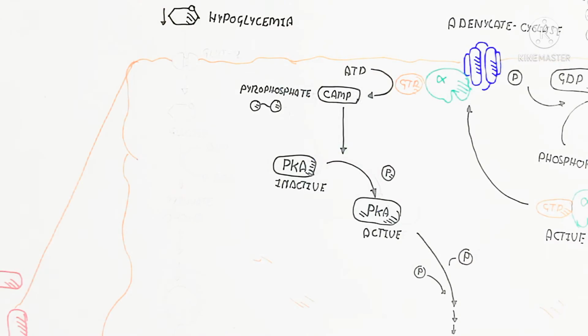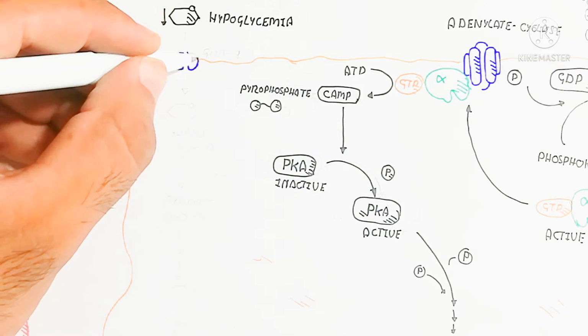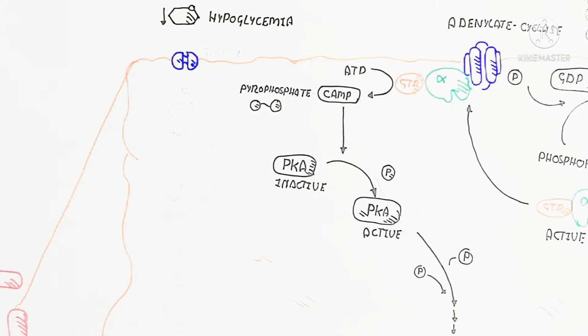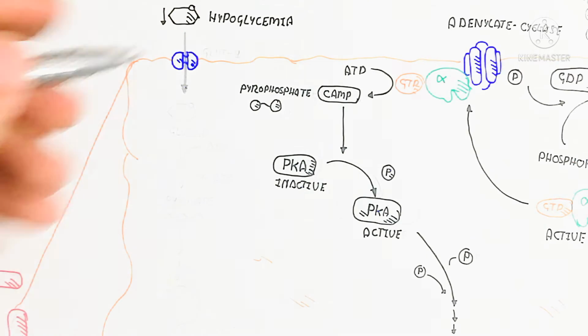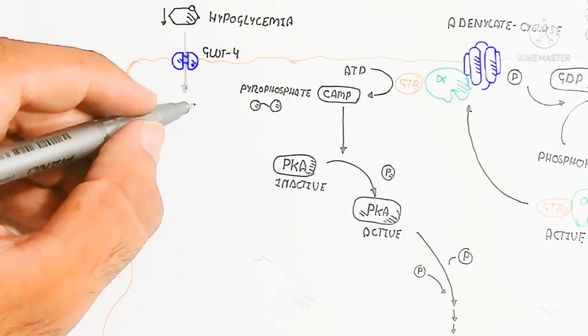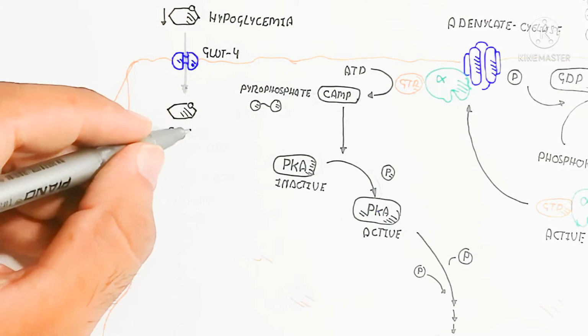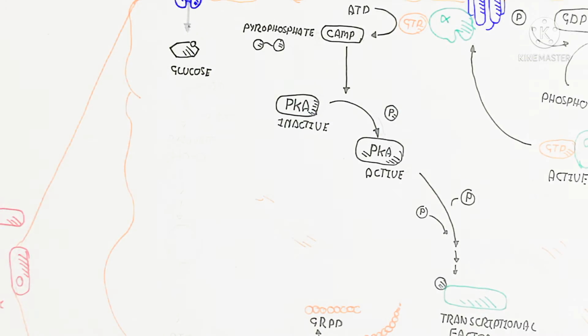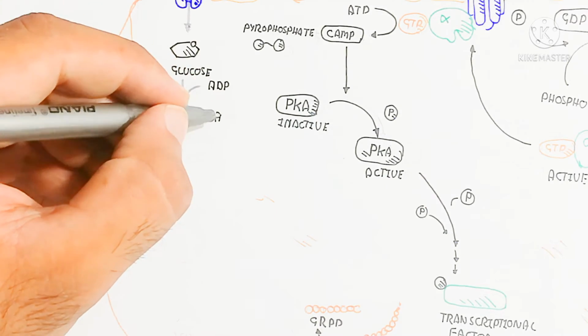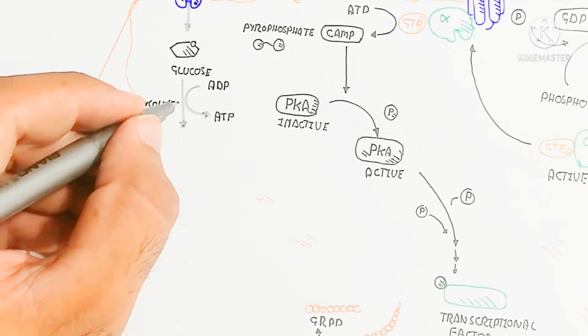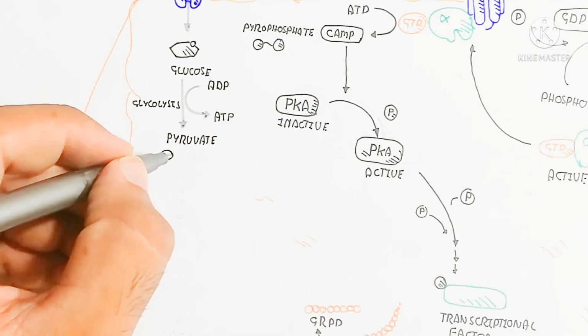So here hypoglycemia will occur in the bloodstream. The low level of glucose will be moved by the GLUT4 channel, and thus glucose will enter into the cytoplasm from the bloodstream, and glycolysis will occur and produce ATP. After all, the pyruvate will be formed.